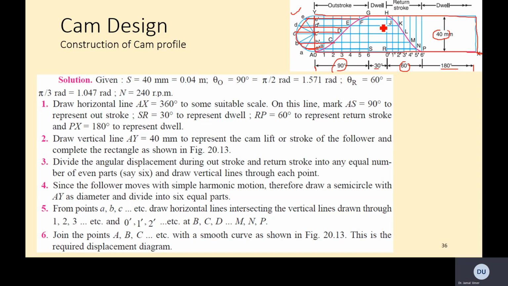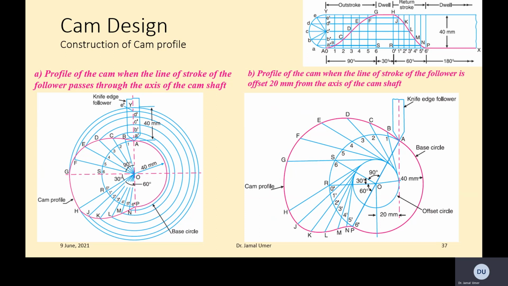So this is the follower displacement diagram, and then we have the cam profile. Both are given here because the process is exactly the same as we have done. Looking carefully, the knife edge follower passes through this point.